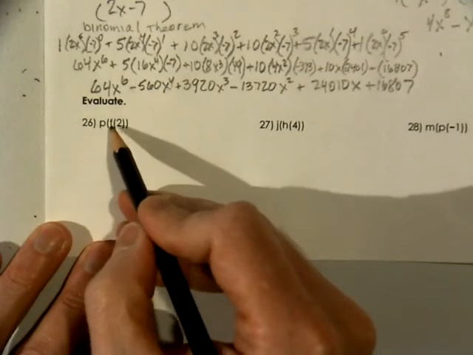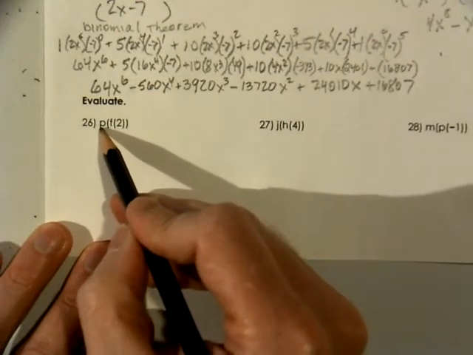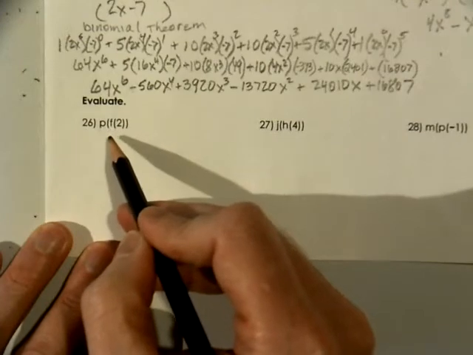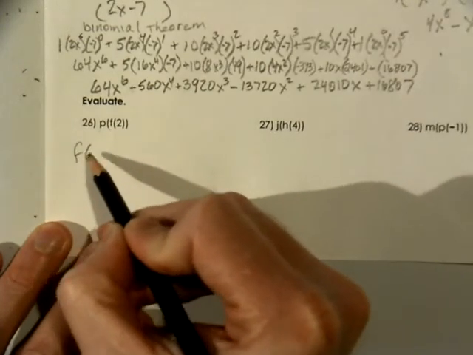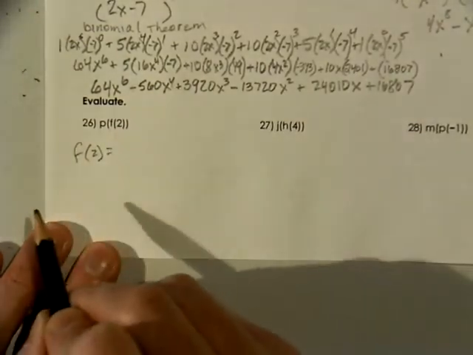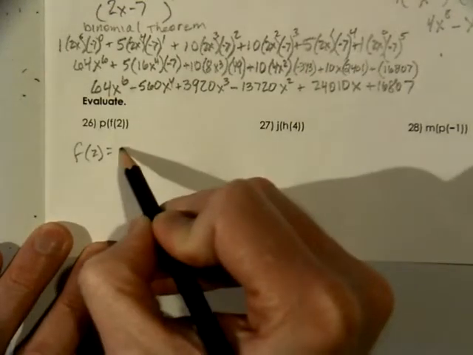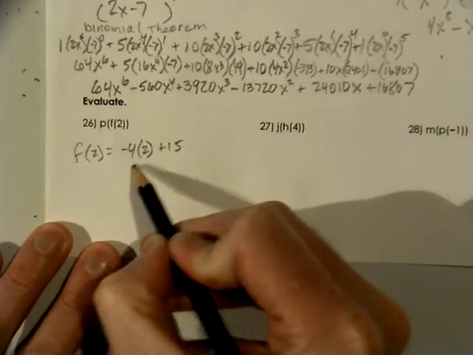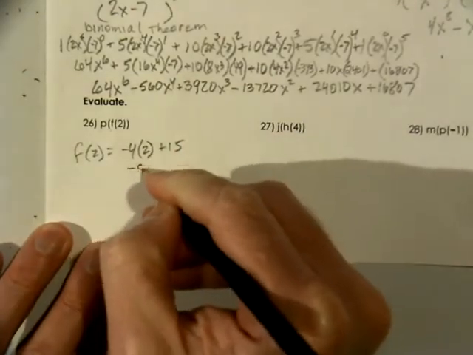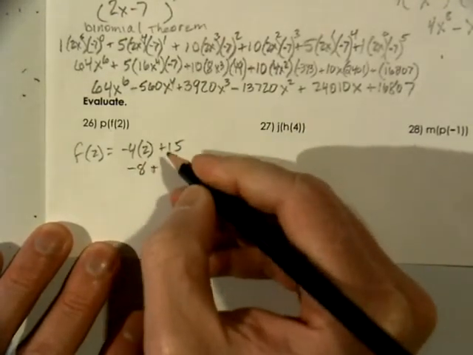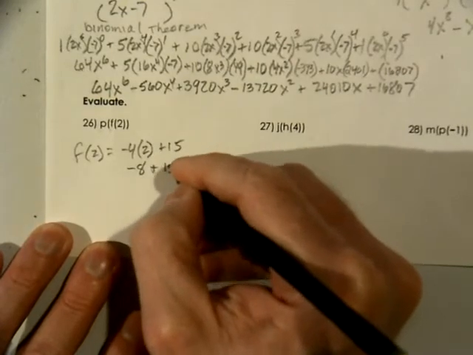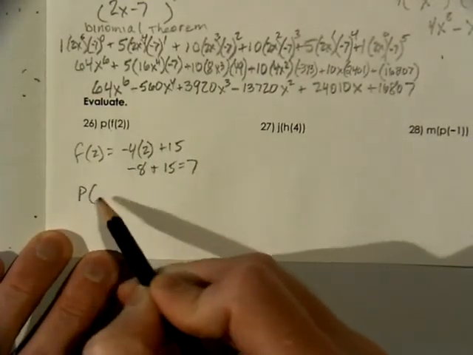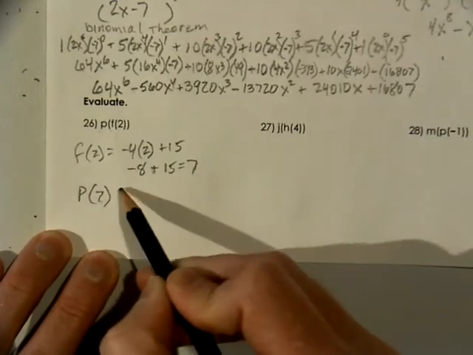Here, if we're going to evaluate, you could either do what is p of f of x and then plug 2 in, or you can just go right to what is f of 2. The f function is negative 4 times 2 plus 15. That's negative 8 plus 15, which gives us 7. Then we go to the p function and plug in that 7.